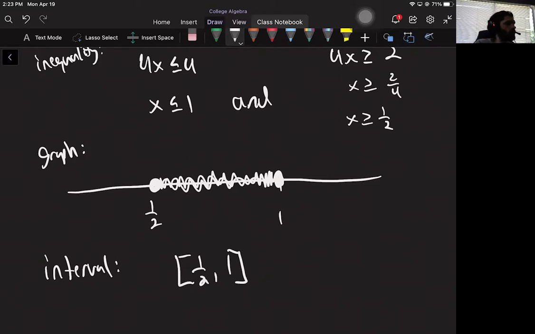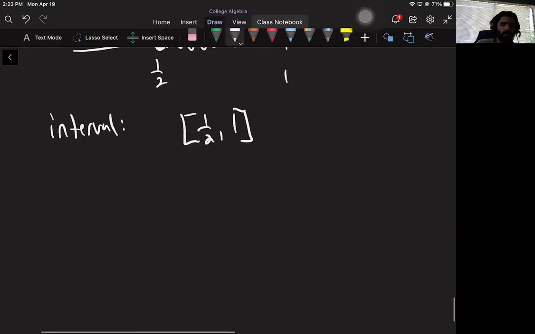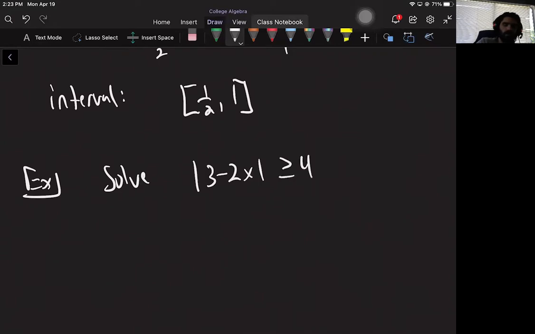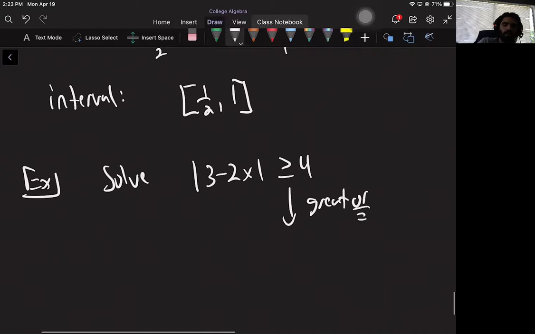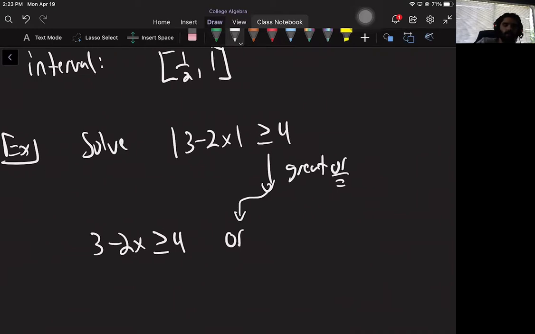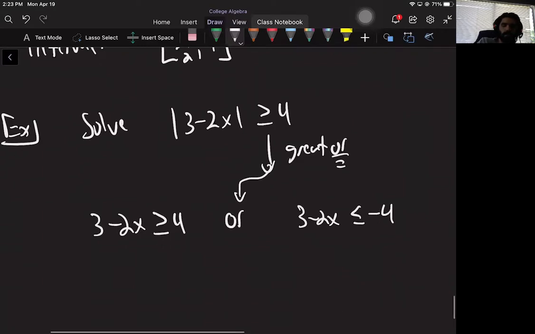Okay, so we'll do maybe 2 more examples, using this quick systematic approach. See that it's not so bad. The absolute value of 3 minus 2x is greater than or equal to 4. So greater than, just as a little shortcut, tells us that I got to solve the same thing without the absolute value, or, because it's a greater than, I got to switch it and make the right side negative. That's the trick.